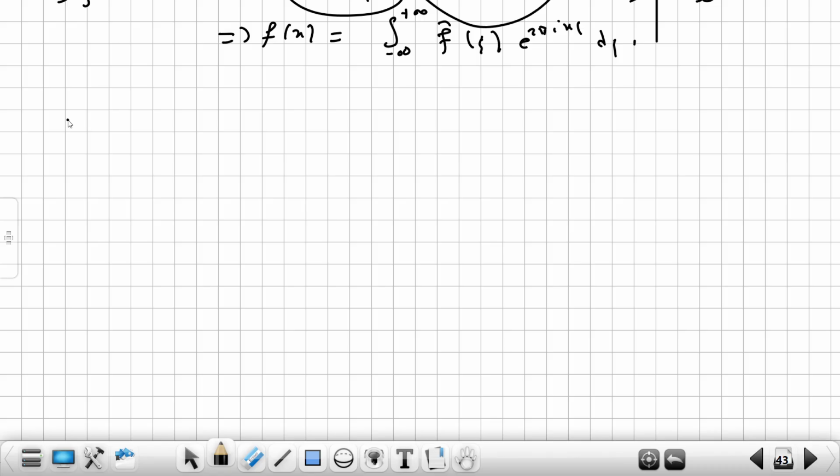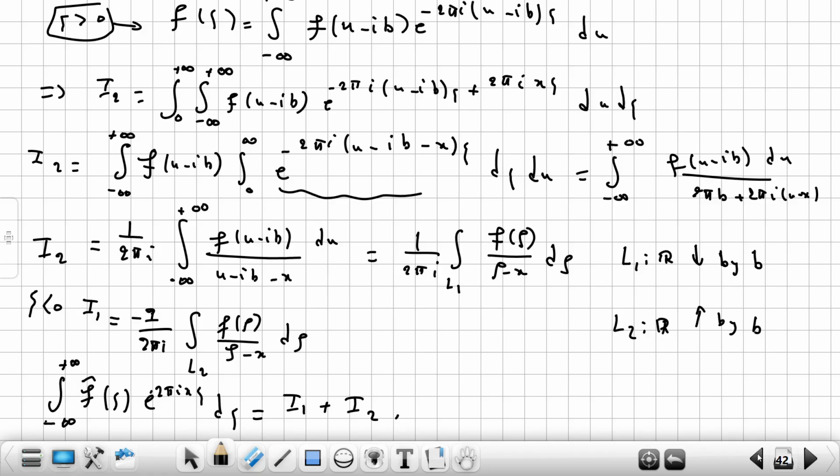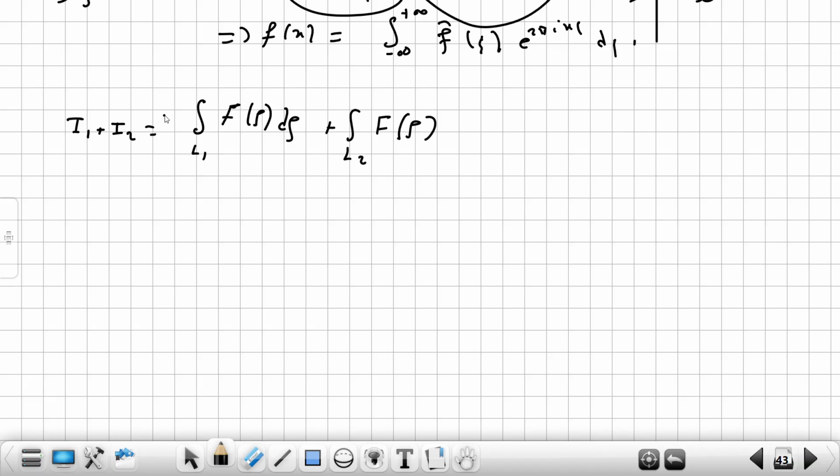I1 plus I2 equals the integral over L1 of the function capital F of rho d rho plus over L2, minus, with 1 over 2 pi i.